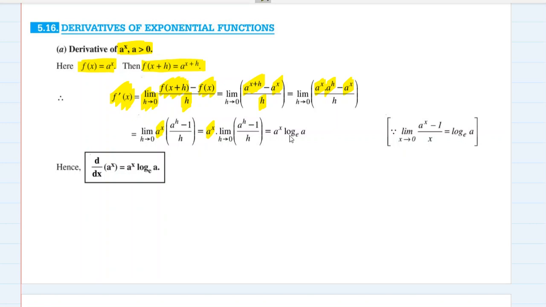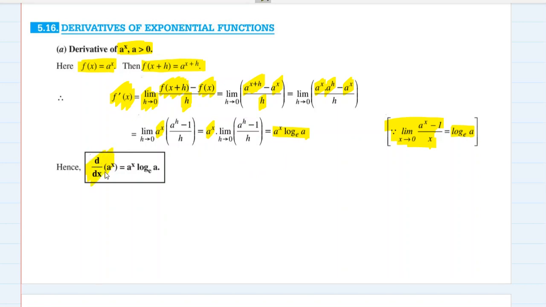So here you will get log of a to the base e, and there is no mention of x in the formula. So the power is not mentioned. Here the power is h, the denominator is h. It does not matter. You just write a raised to x multiplied by log of a to the base e, and that is the formula for derivative of exponential function.